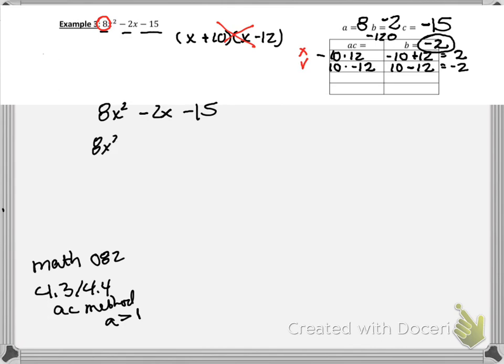So we are going to rewrite our middle term as the sum of +10x and -12x. Okay, and then we can use factoring by grouping.